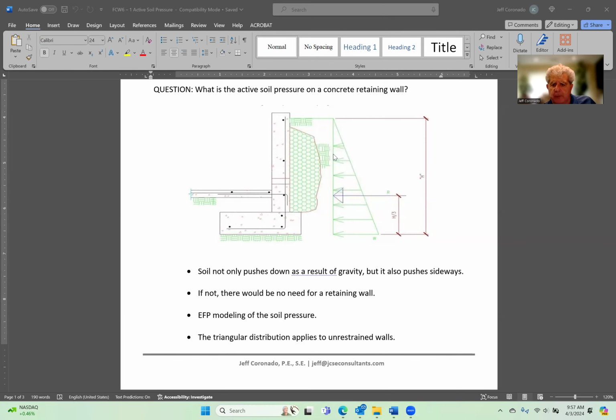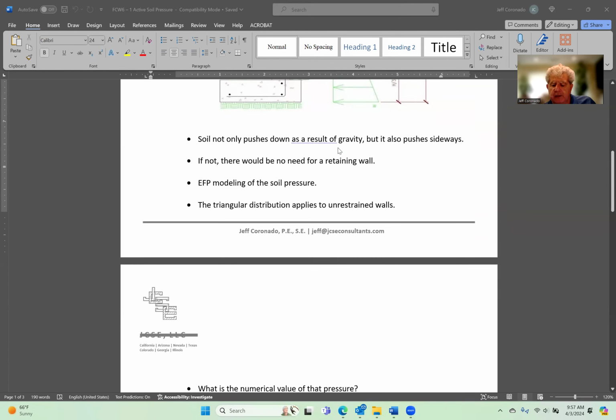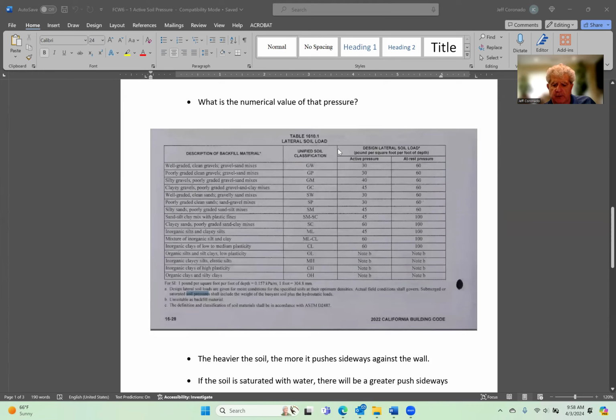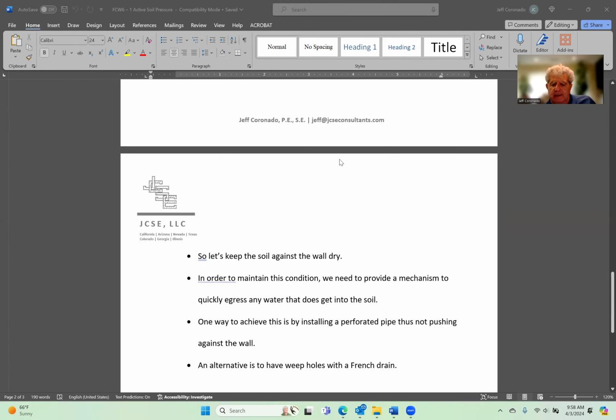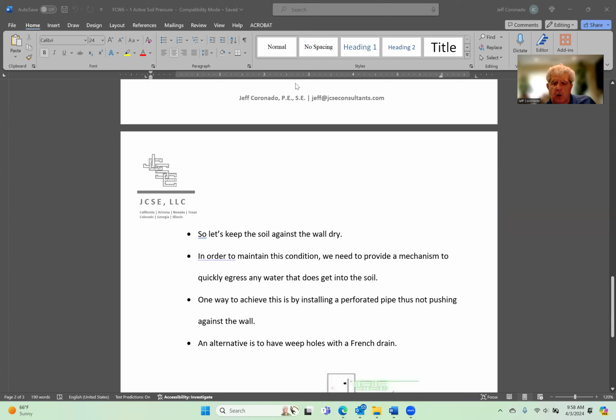But our preference is to egress the water out of the soil. So yes, let's keep the soil against the wall dry. In order to maintain this condition, we need to provide a mechanism to egress the water.